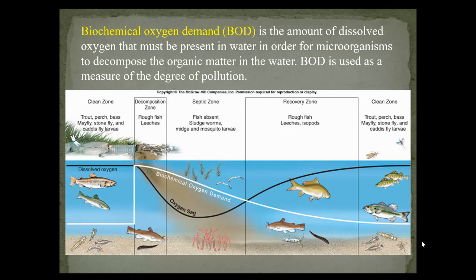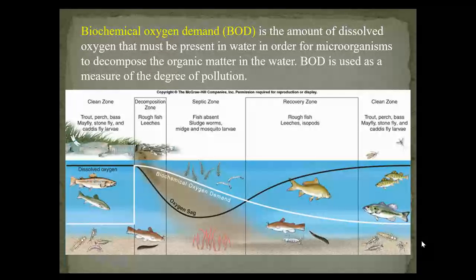So you can see in this picture, here's a pipe, a point source that is releasing some kind of organic material, chances are sewage, into the water. So as the bacteria are decomposing that organic material, the oxygen level in the water goes down.